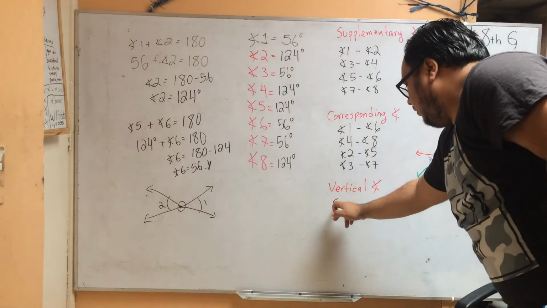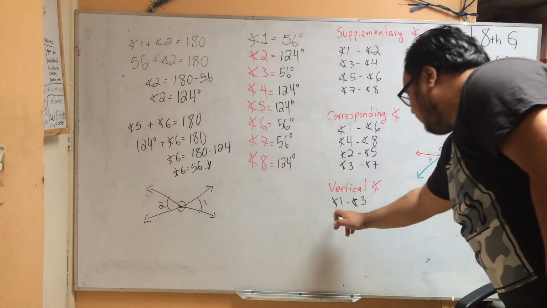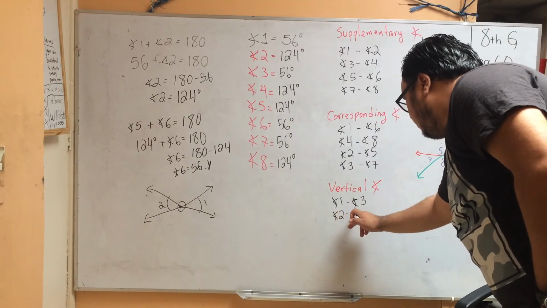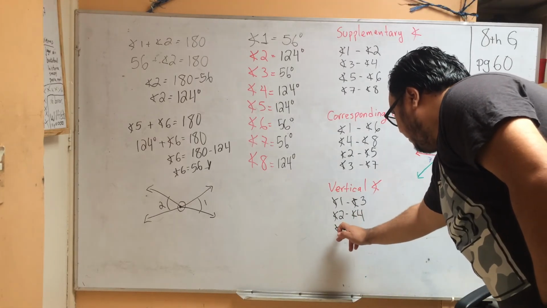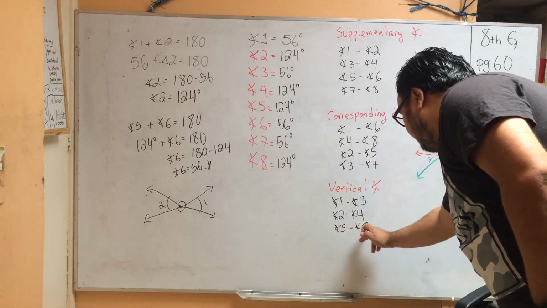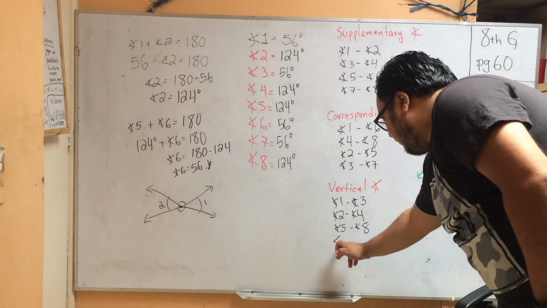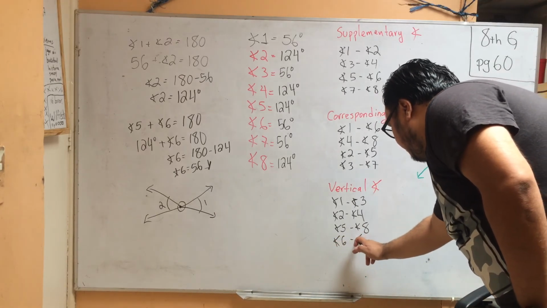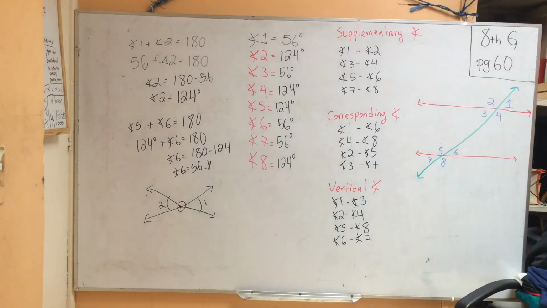So angle 1, angle 3, vertical angles. 2 and 4, angle 2, angle 4. 5 and 8, angle 5 and angle 8. And angle 6 and angle 7. Those are the vertical angles of this diagram.